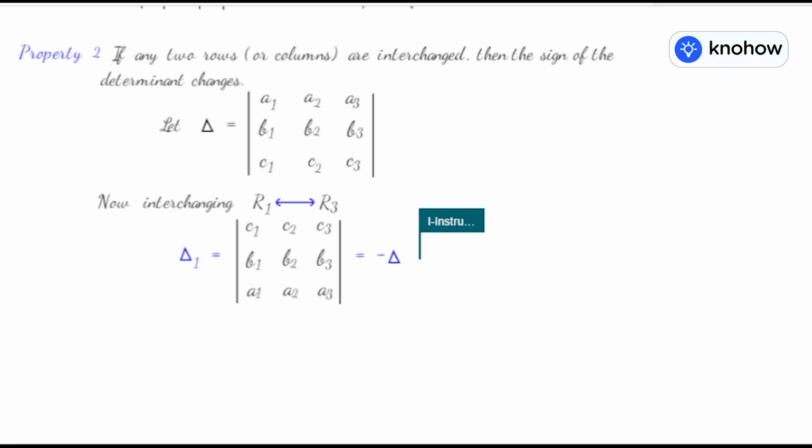So delta 1 is negative delta if delta 1 is obtained by interchanging any two rows or columns. If the value of the original determinant is, for example, 16, and you interchange any two rows or columns, then the value of the new determinant will be negative 16. That's what it means.